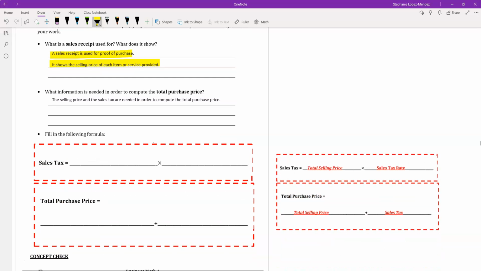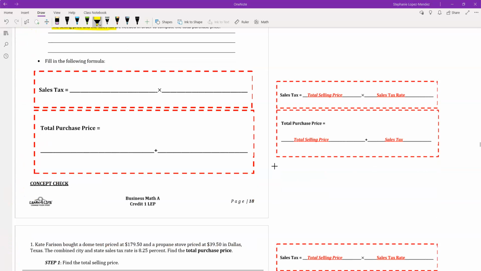The second question says, what information is needed in order to compute the total purchase price? So the two things that we always need to compute the total purchase price is the selling price and the sales tax. Okay? Again, the selling price and the sales tax.